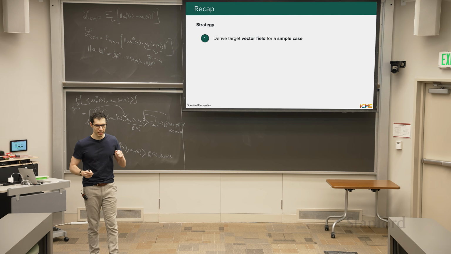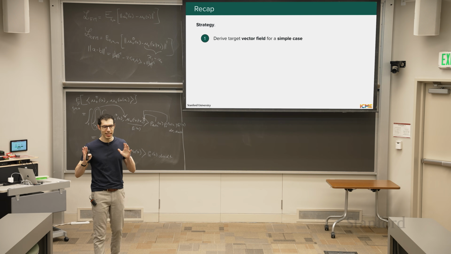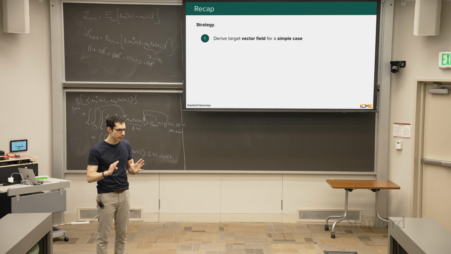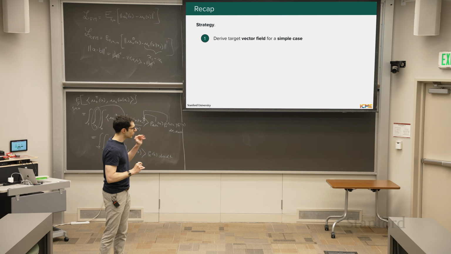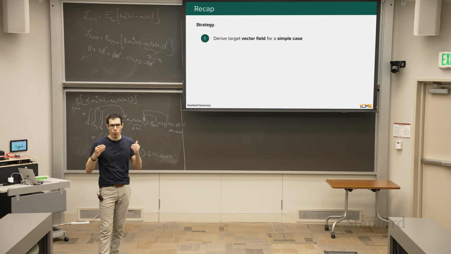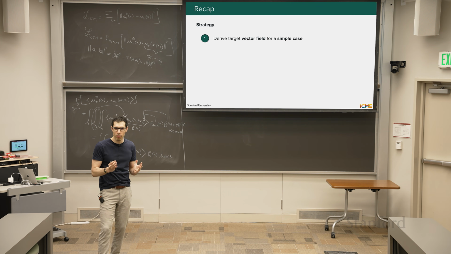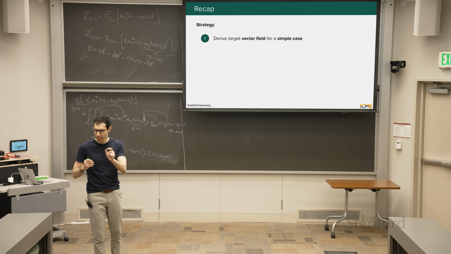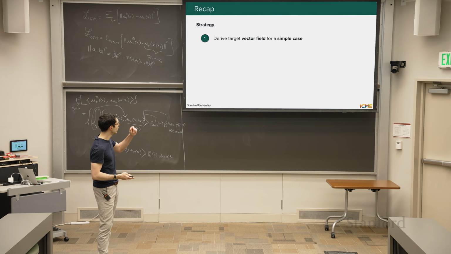And here what we did is, in order to learn the vector field, we first thought of a very simple case of us wanting to go from the initial to a single point via the conditional probability path and the conditional vector field.